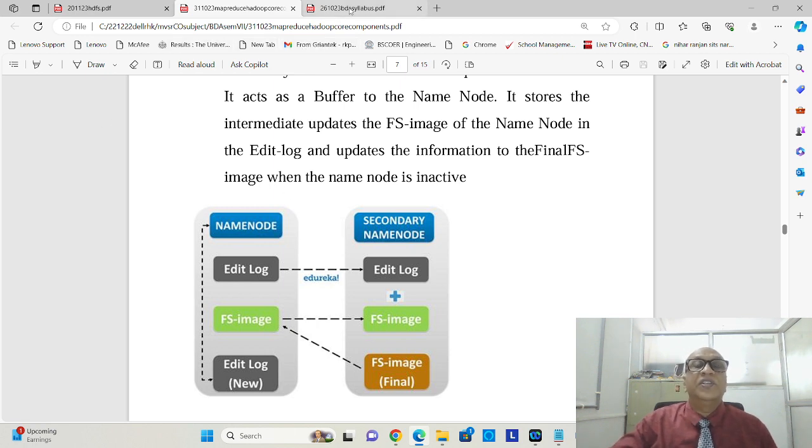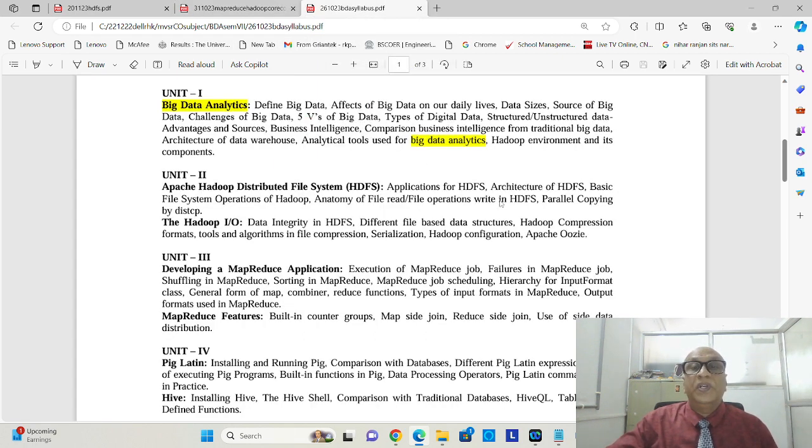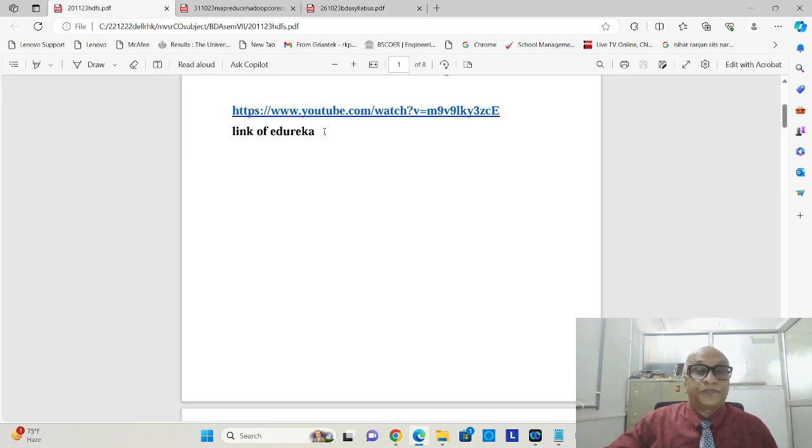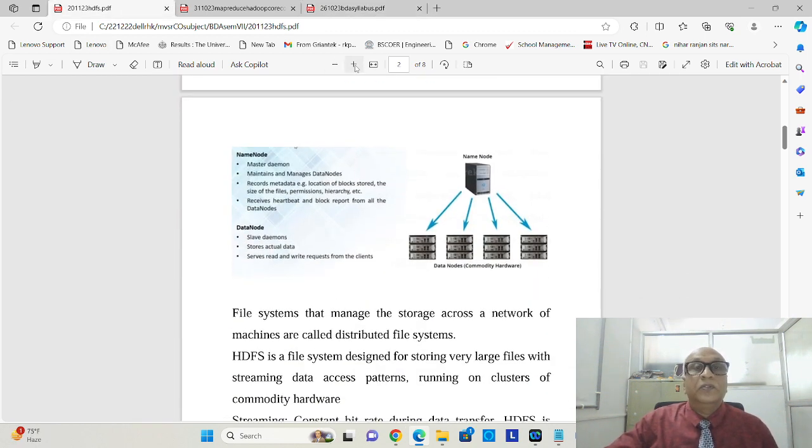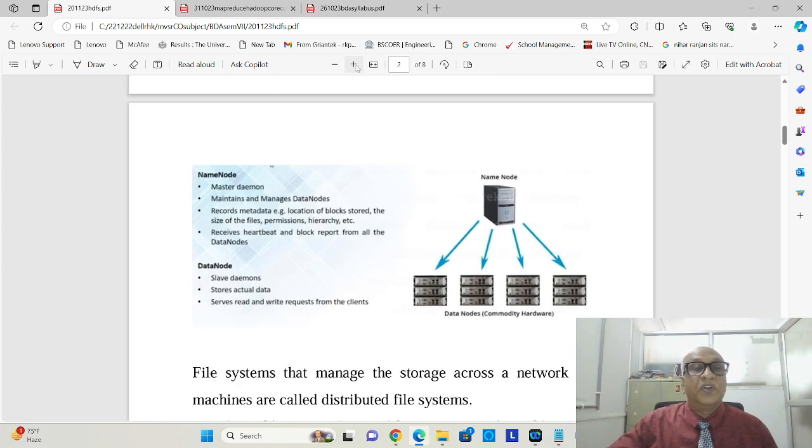Let us continue our discussion for the topic HDFS, which stands for Hadoop Distributed File System, the architecture of HDFS. This is what we were speaking about. You have machines called as name node and you have many machines called as data nodes.